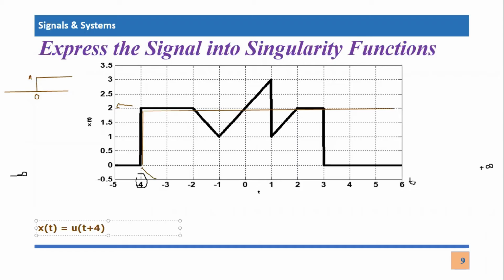So t plus 4 would indicate that it is a time advanced version of the unit step. Furthermore, its amplitude is 2, right? Just to revise, the original step signal should be starting from this point, but it is advanced by 4 units, and its amplitude is 2. That is why it is 2u of t plus 4. T plus 4 indicates that it is advanced by 4 units. I hope this is the first behavior that we wanted to understand and express.